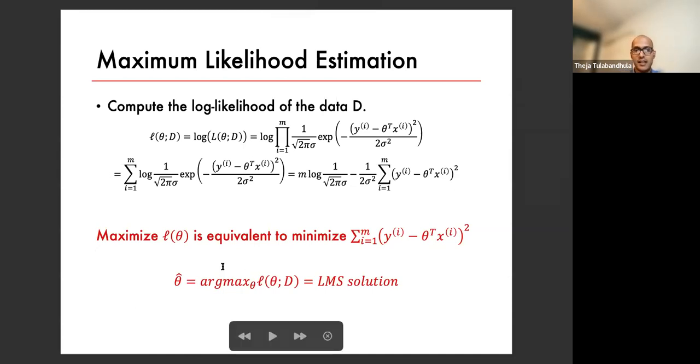So that's an important observation, which is new. In the overall context, we started with linear models and squared loss, then we defined gradient descent procedures, then we talked about normal equations, then we added an extra perspective, which is a probabilistic perspective. Under the probabilistic perspective, maximizing the likelihood of the data under a specific model, with normally distributed error terms with zero mean and constant variance, is also the same as minimizing the squared loss.